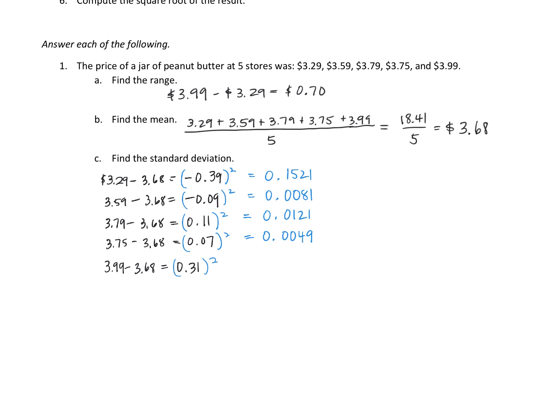And then 31 cents squared is 0.0961. So here are all the squared differences.